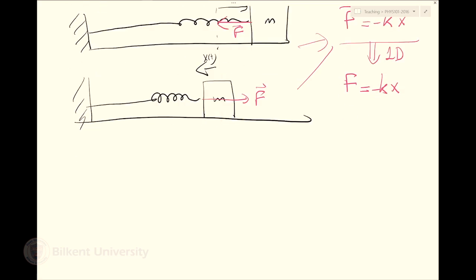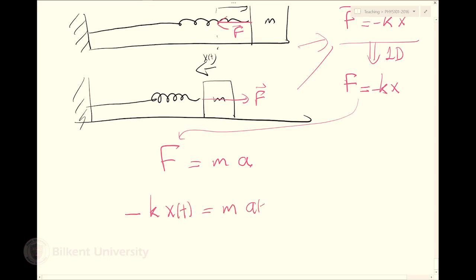So how do I find x as a function of time? Well, I need to use Newton's equation. I know that F is equal to ma, and I know what F is: minus k x of t is m a of t.